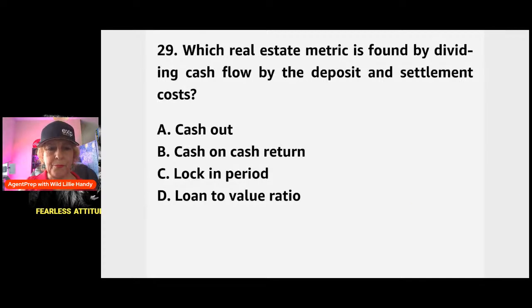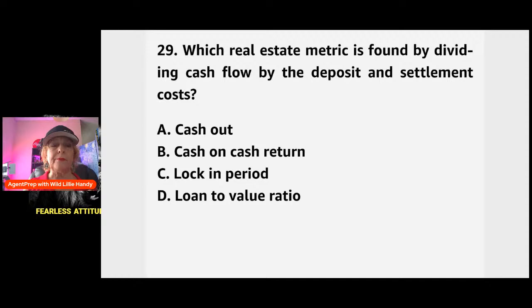29. Which real estate metric is found by dividing cash flow by the deposit and settlement costs? A, cash out, B, cash on return, C, lock-in period, or D, loan to value ratio.